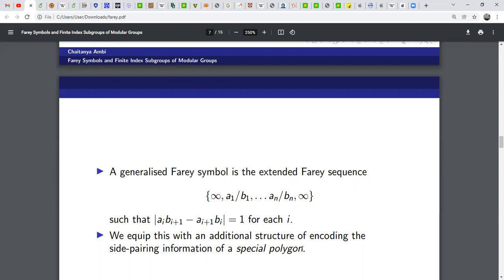However, their side pairing transformations may not form an independent set of generators, and so the side pairing information needs to be encoded within the Farey symbol itself. With this additional structure, with extended 0 by 1 and 1 by 0 at the ends, it is called a generalized Farey symbol.